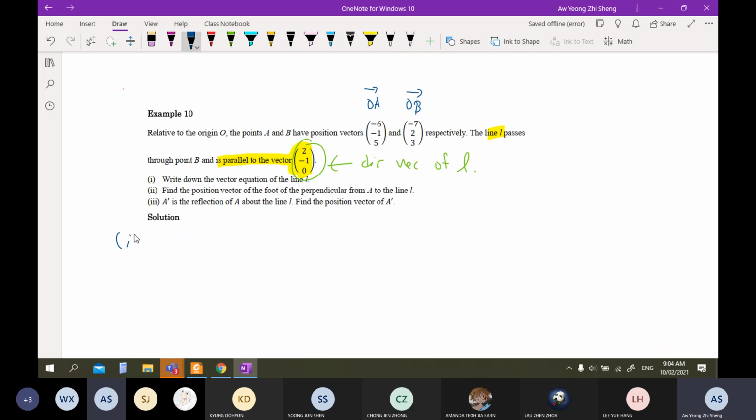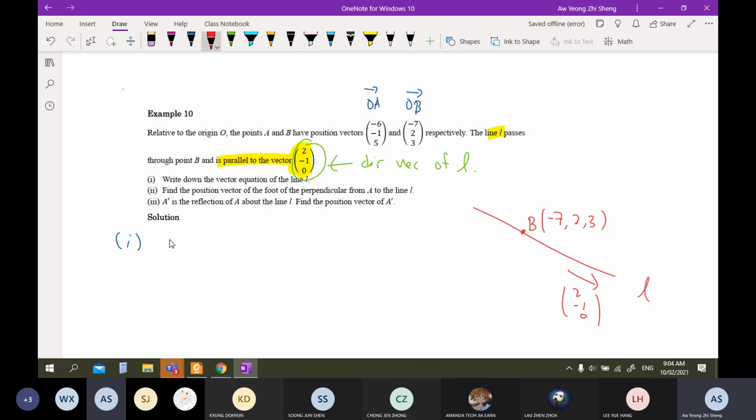This one is very easy. No computation needed because all the information is already available. If you visualize your line L, it says line L passes through point B. In other words, point B lies on L. So B is a point on L. B has coordinates minus 7, 2, 3. And you also have the direction vector of L, which is 2, minus 1, 0. So two pieces of information are already available.